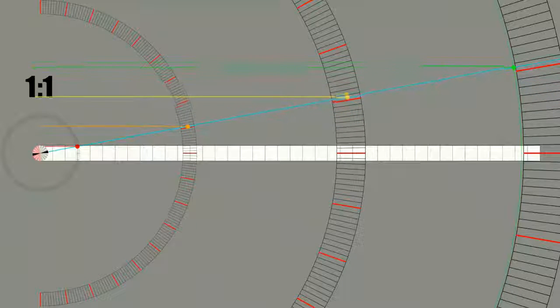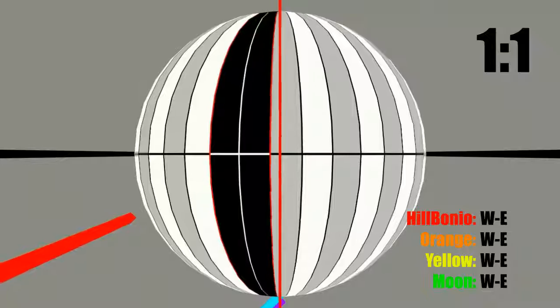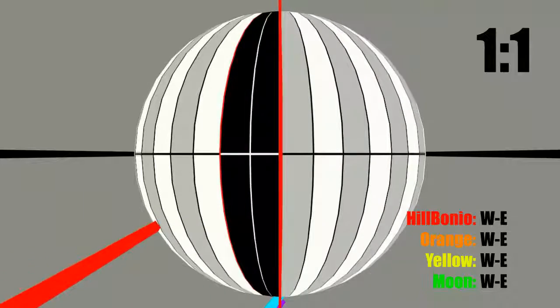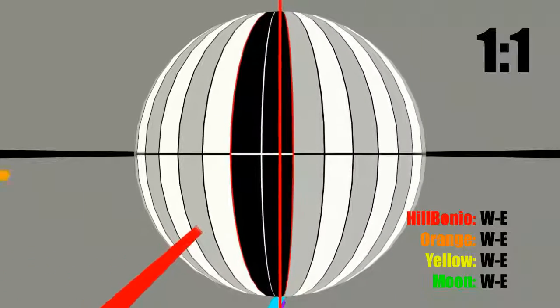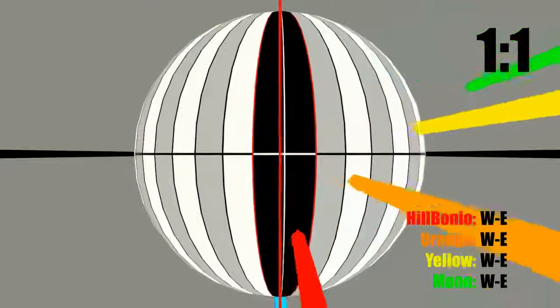One day, 28 days. And the shadow, relative to the surface of the Earth, is going to go east to west, not west to east.